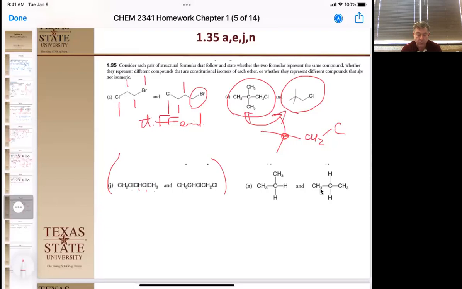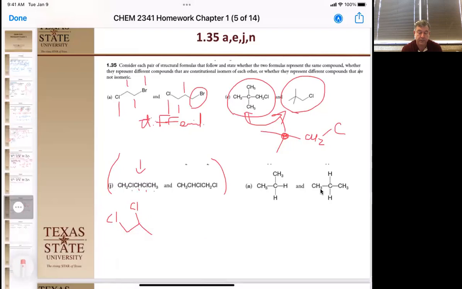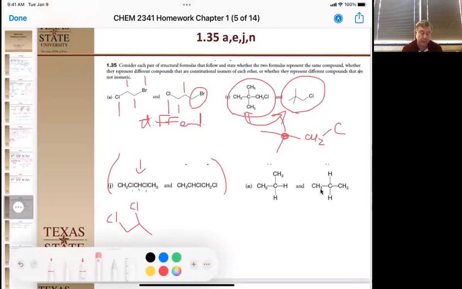So we can draw this by saying we have a chlorine attached to a carbon with 2 hydrogens on it, which is attached to a carbon with a hydrogen on it, which is attached to a chlorine, and it's attached to a carbon with 3 hydrogens on it. All right, so we've converted this condensed formula into the stick figure. I'm going to erase this hydrogen. I was just putting it there to show that that's where it was, but I'm going to erase it so that we can see if it's the same as the other structure.